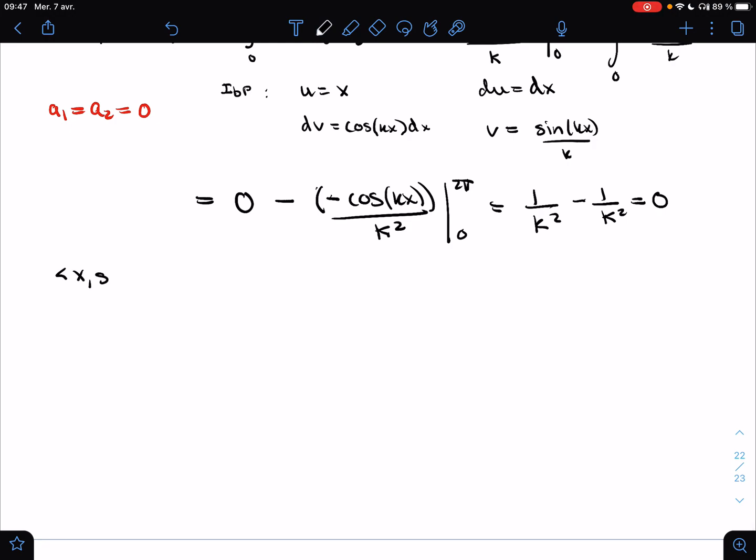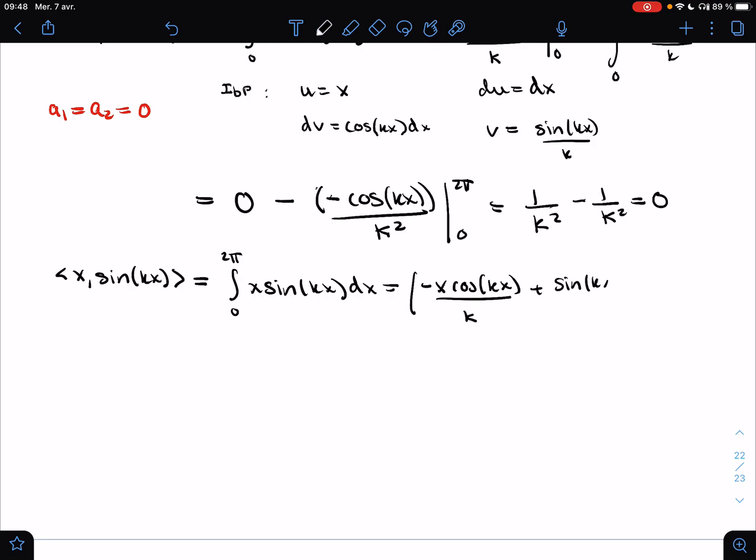It's going to be very similar to the last computation we made, so I'm going to skip ahead a bit. It's the same type of integration by parts. What do I get? I get minus x cosine kx divided by k plus sine kx divided by k squared from 0 to 2 pi.